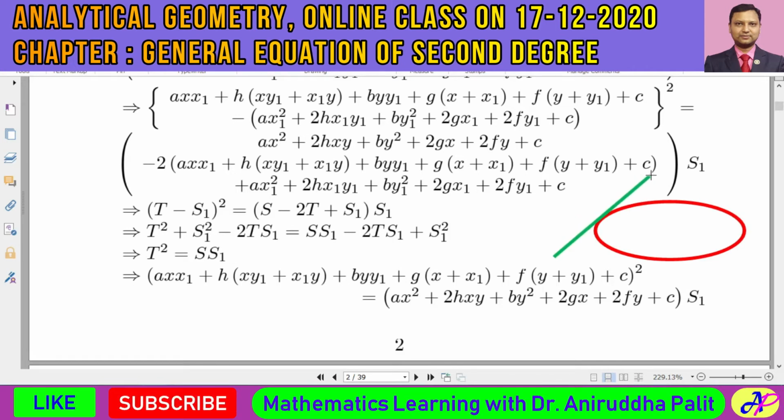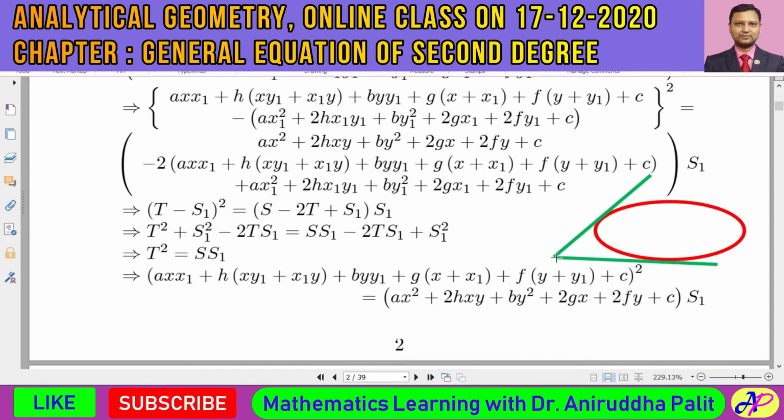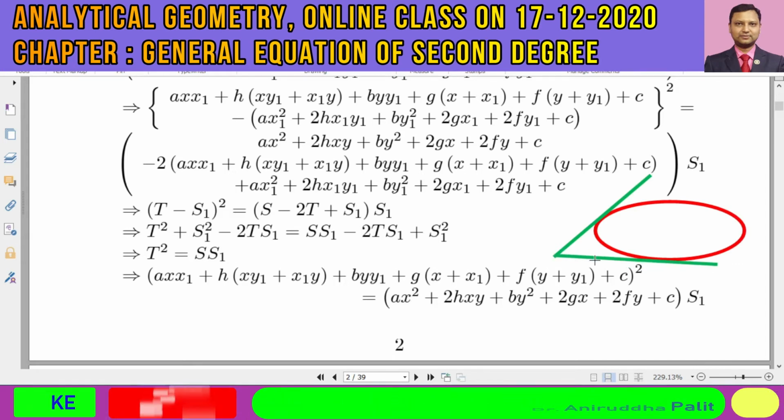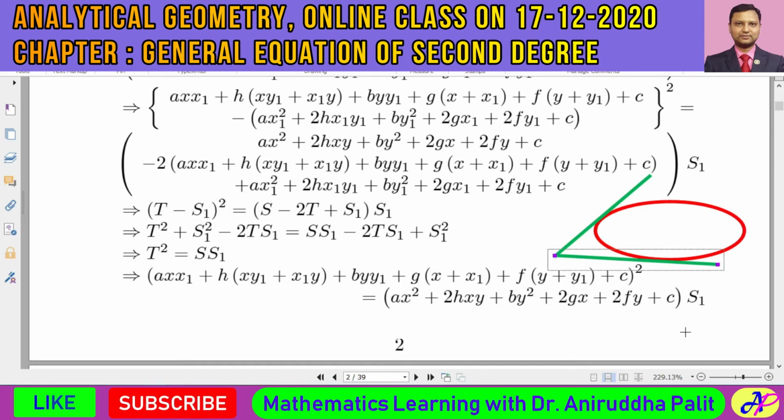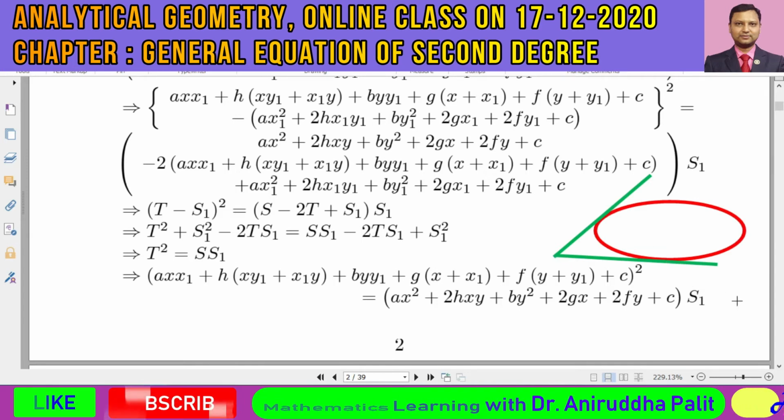This is one straight line from a point, and suppose this is another straight line from the same point. Got it? So we actually get two different tangent lines, and you see from a single point two different tangents can be drawn.